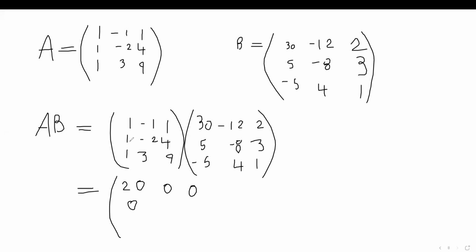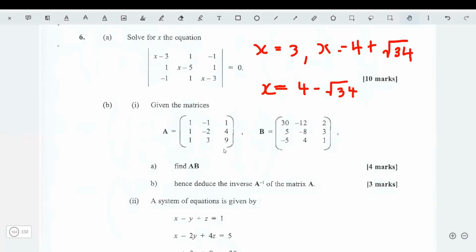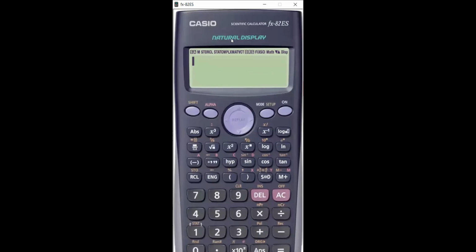This is minus 12, and this is 16, 16. All right, I'm just gonna punch this one in the calculator, multiplying the middles.